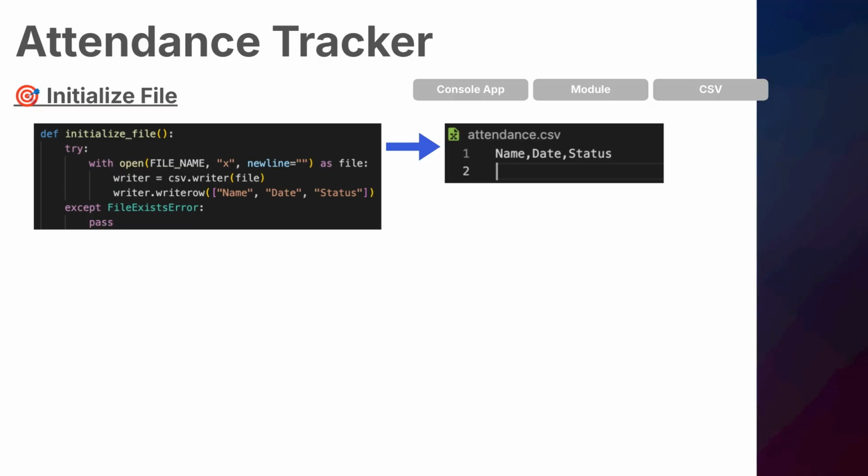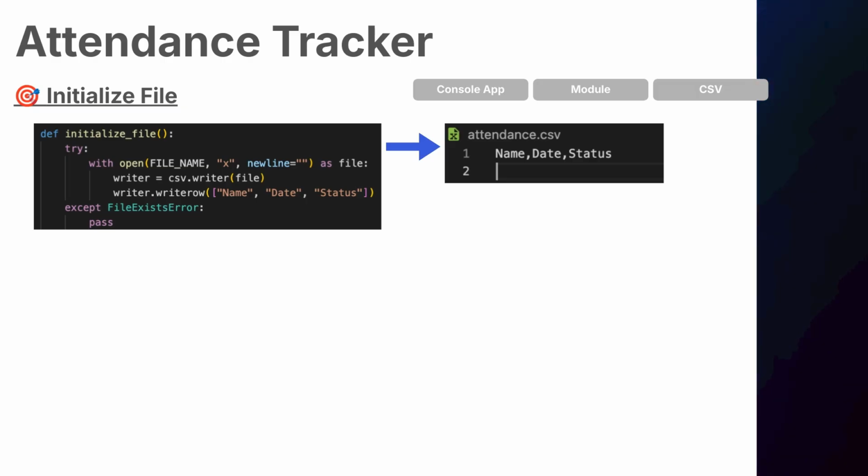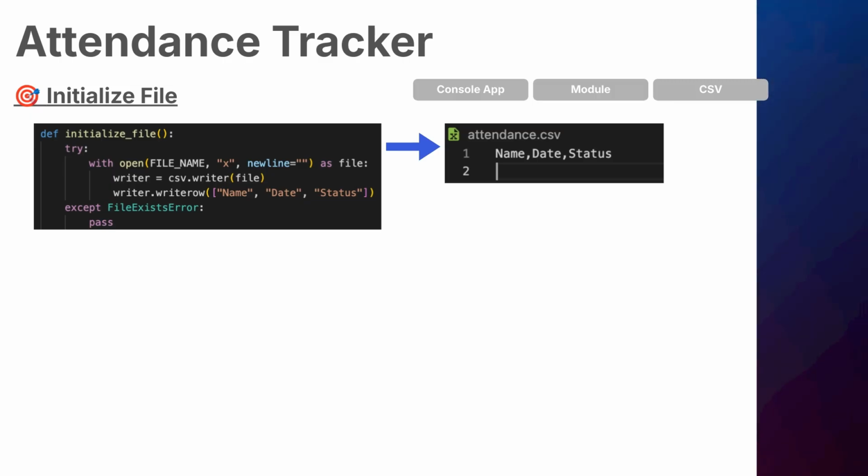What makes this function safe is the way it handles errors. If the file already exists, Python raises a file exists error. Instead of crashing the program or overwriting existing data, the code simply ignores the error and continues. This means any attendance records saved from previous runs are fully preserved. From a learning point of view, this function shows how Python can prepare resources before the main logic runs.